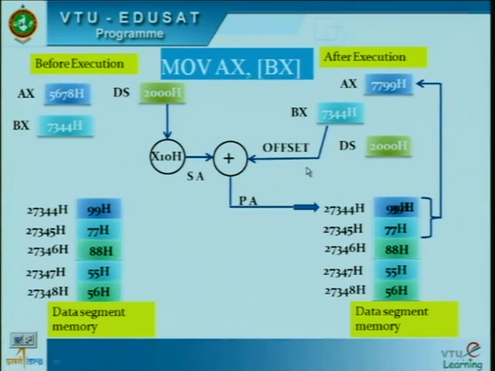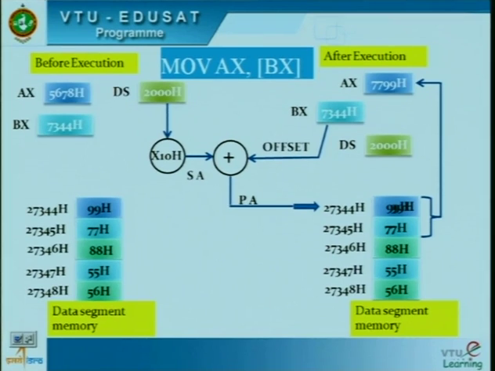Now, how does this physical address calculation basically happen? This picture illustrates the calculation of the physical address. My dear students, this is one of the specialities of 8086, where I have a 16-bit segment base and a 16-bit offset. Using a 16-bit segment base and a 16-bit offset, I would be able to calculate a physical address which is 20-bit.